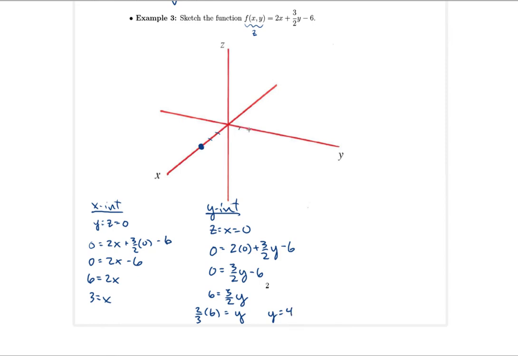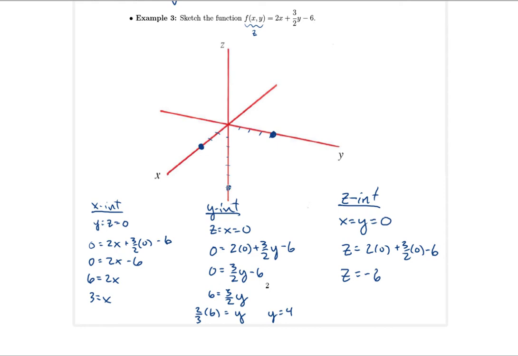So 1, 2, 3, 4. So there's another point. And then finally my z-intercept, that's when x equals y equals 0. But that's just going to be z equals -6. So down 1, 2, 3, 4, 5, 6.